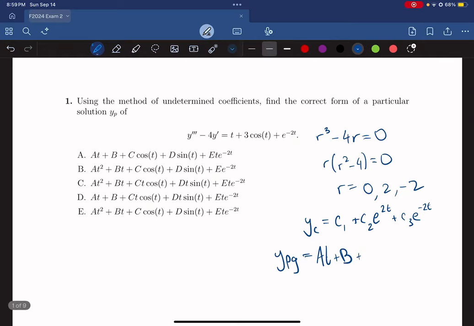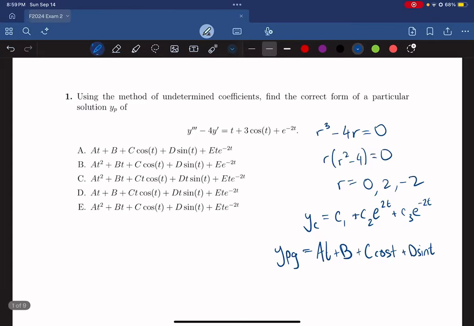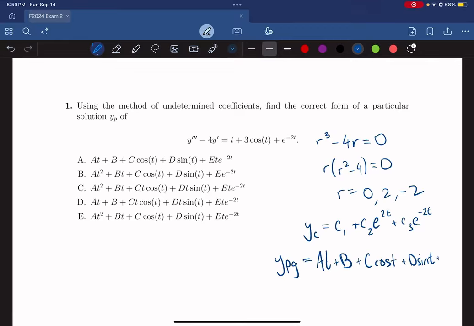So in this case, we're going to have c cosine of t plus d sine of t. And then for the last term, we have e to the negative 2t. So we're just going to have plus big E to the negative 2t.